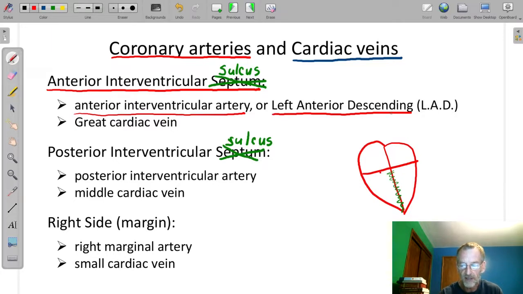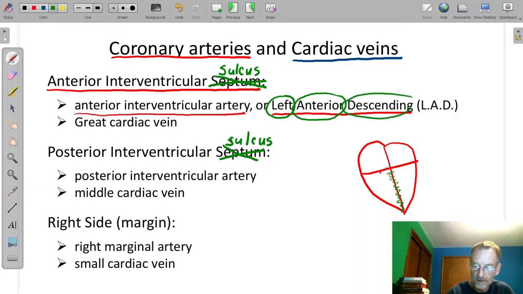The left anterior descending I like for a number of reasons, one of which is that it tells you it's a branch of the left coronary artery, which the other term doesn't. It's on the anterior surface, and it's descending, so it's going down. And that is easily abbreviated to LAD.